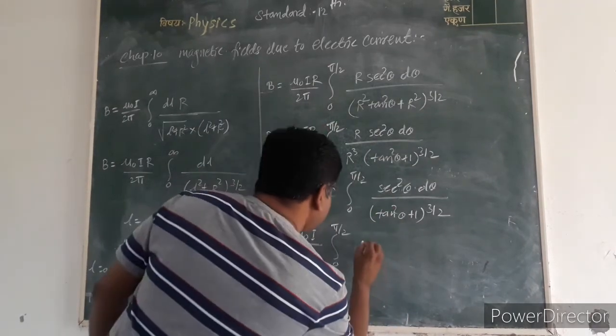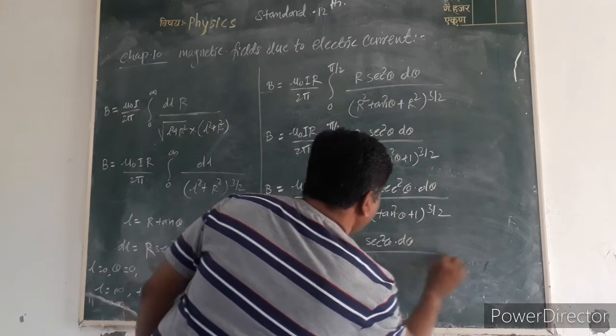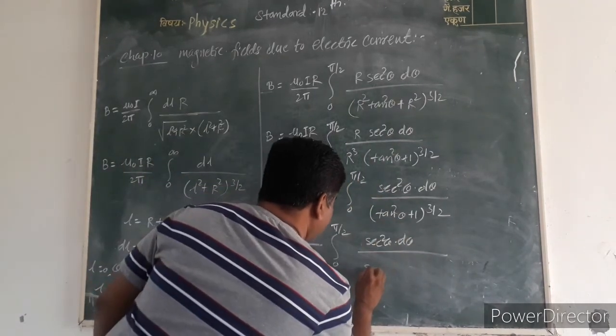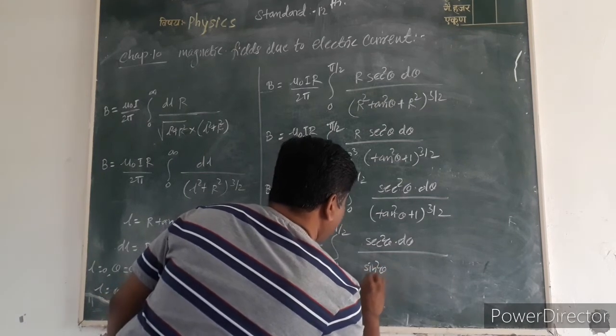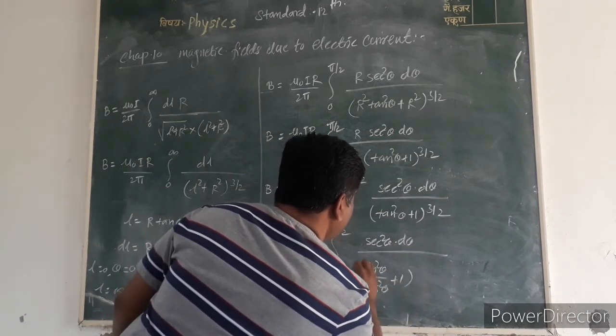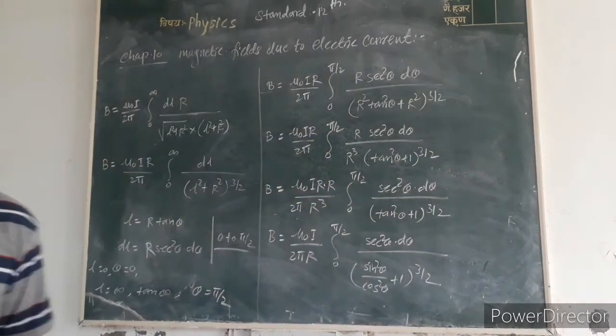We solve this: sec square theta d theta divided by (tan square theta, that is sin square theta divided by cos square theta, plus 1) raised to 3 by 2. Again we simplify.